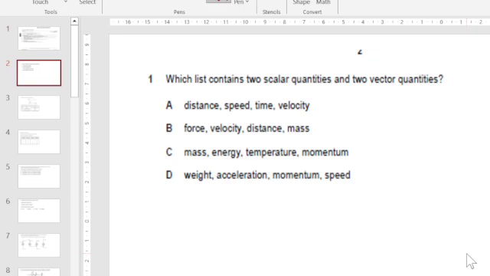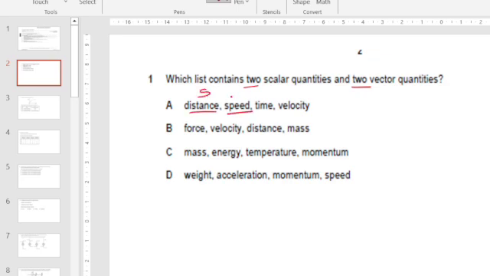In question number 1, the question states: which list contains two scalar quantities and two vector quantities. We are supposed to choose among the four options which one has two scalar quantities and two vector quantities. The first one, yes, distance is a scalar quantity.